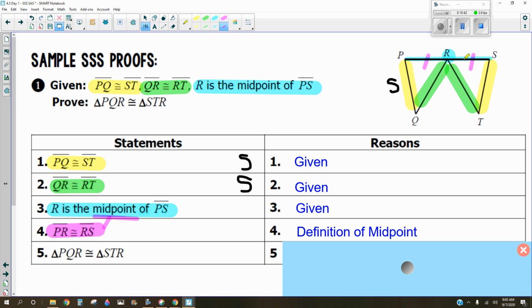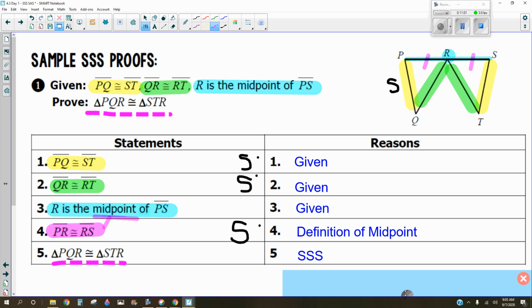Now look, are these segments? Are they sides? Or are they angles? Those are sides. So look, I have a side, side, side. So how do I know, ladies and gentlemen, that those two triangles are equal to each other? I know they are because they met the side, side, side criteria.